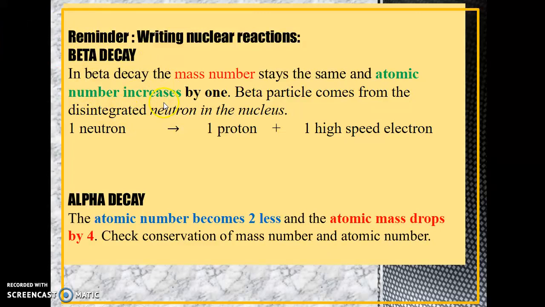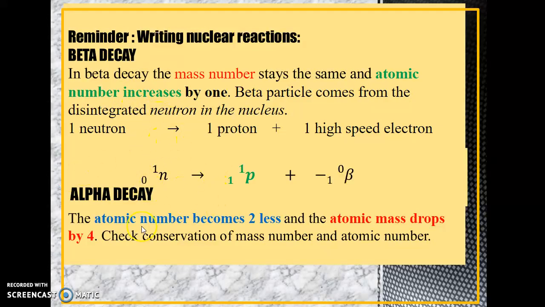When we write out the equation, the mass number stays the same, but the atomic number, the number of protons, increases by 1. That's because it's going to have 1 extra proton after the decay, but the number of neutrons and protons together remains the same.